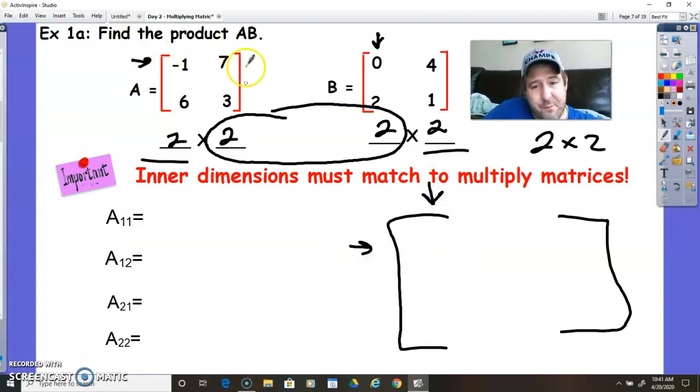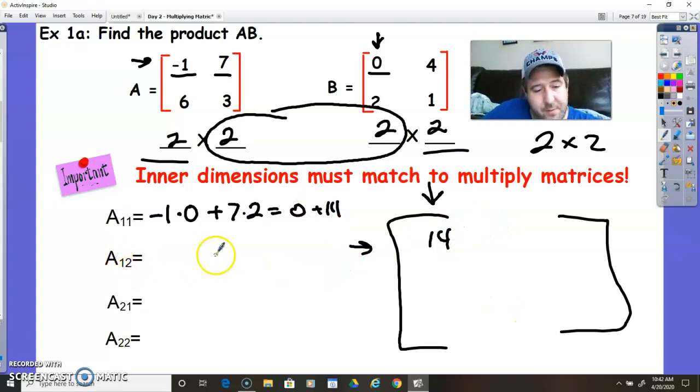So I'm going to multiply the first row times the first column. So multiply the two numbers in the same spot, so negative 1 times 0, and add that to the second number of this row, which is 7, times the second number in this column, which is 2. Now, negative 1 times 0 is 0, and then 7 times 2 is 14. So this number is 14.